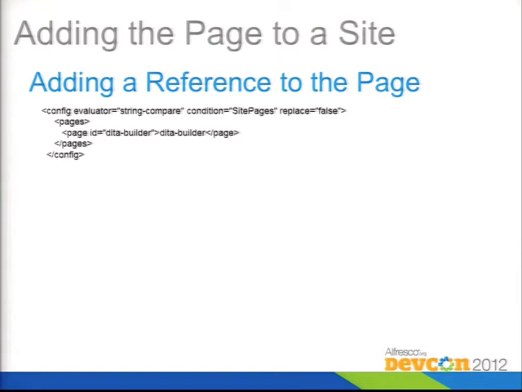So that shows up for an administrator when you say, I'd like to configure a site, and you go off to the page that has a list of the pages like the wiki and all that type of stuff. So that will make this page show up on that page. And the important part of this is where it says replace equals false. So it evaluates the conditions. If it finds this condition, it'll add this as an incremental addition instead of replacing all the ones that are there.